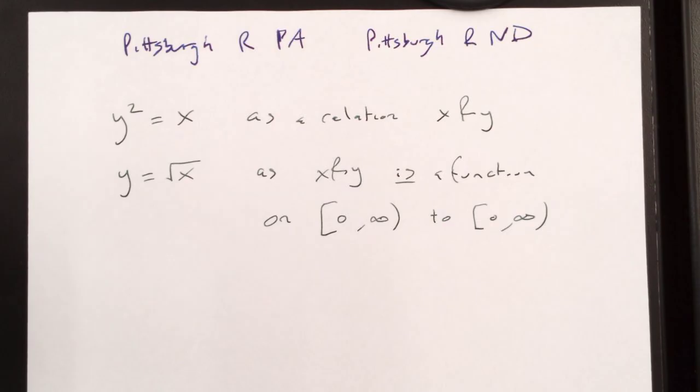Questions? That square root example, A and B are the same set. I'm going from the set of numbers from 0 to infinity to the set of numbers from 0 to infinity.